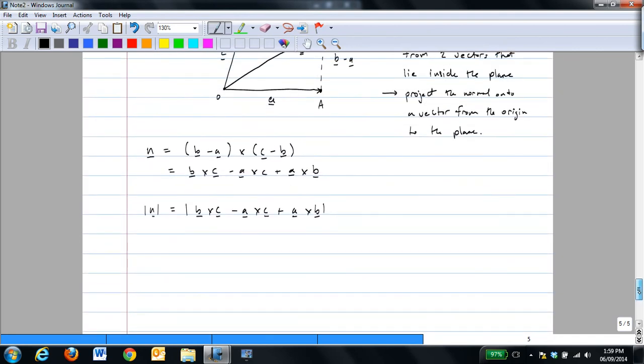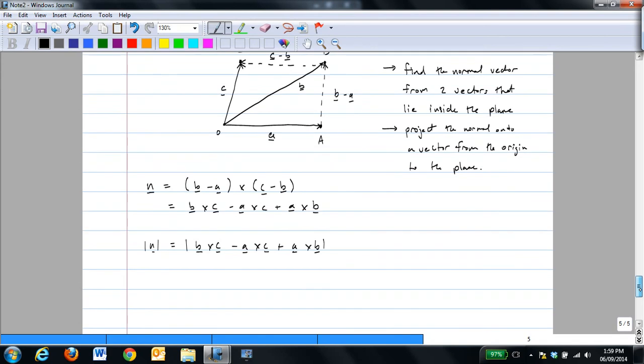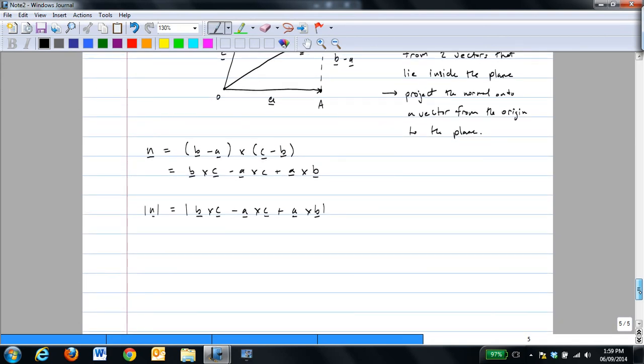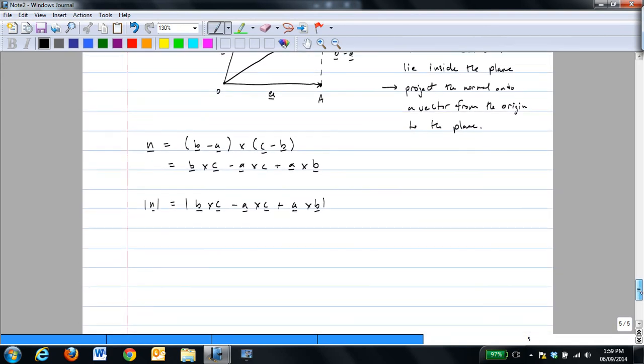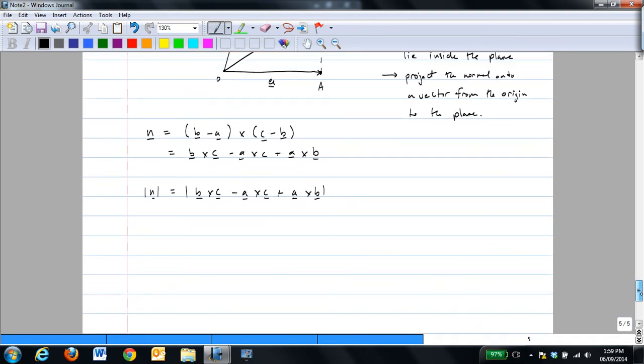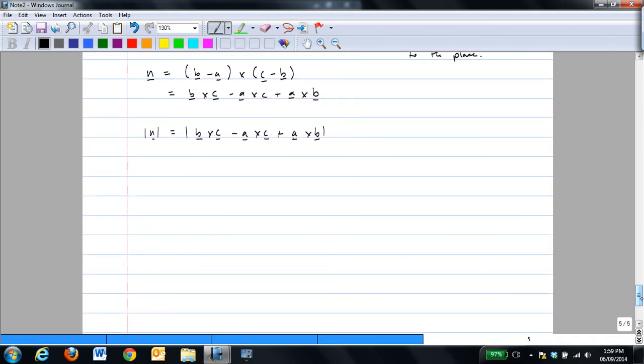Now we want to project the vector a onto the normal vector of the plane. The way we do that, which is actually the height, is we take the absolute value of a dot n. I don't think you need to take the absolute value. We take a dot n, and then we divide that by the absolute value of n.